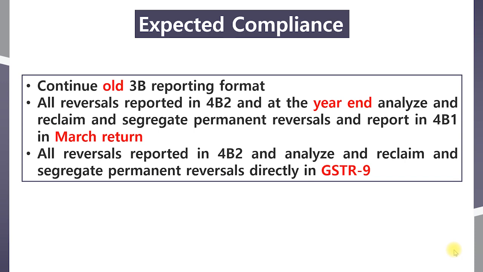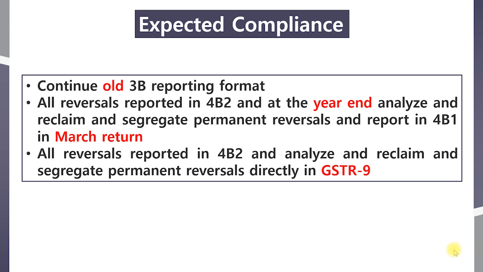Few people might continue the old 3B reporting format, given that either they are not aware of these changes, they did not keenly observe what the new form has brought in, or they don't have enough resources or time to do all of that. People may resort to do the old reporting itself.